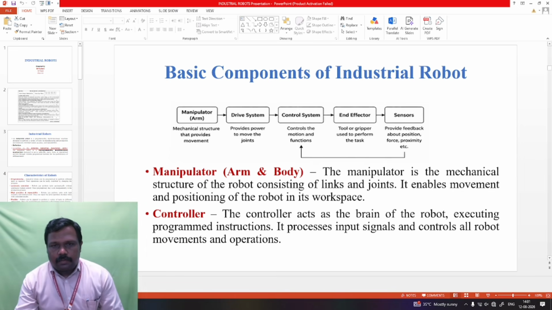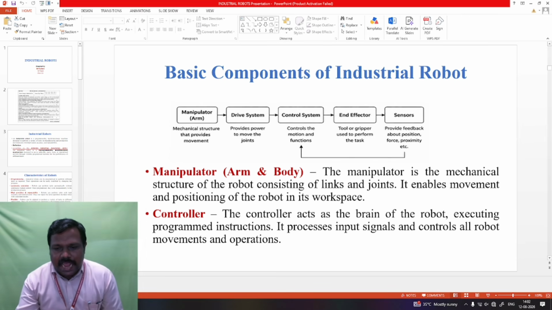Then the basic components of industrial robots. What are the components? Initially there is the manipulator, drive system, control system, end effector, and sensor. The manipulator is the mechanical structure of the robot consisting of links and joints. It enables movement and positioning of the robot in its workplace. Next is the controller.